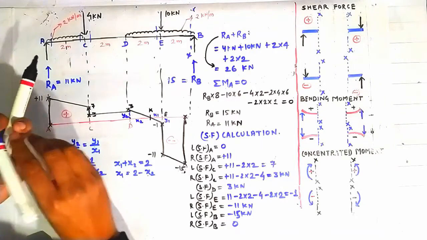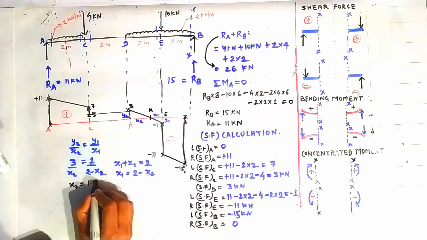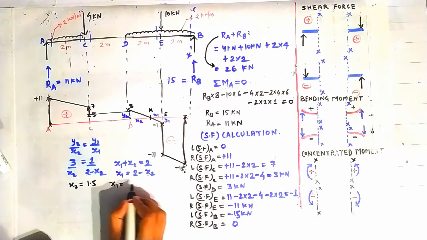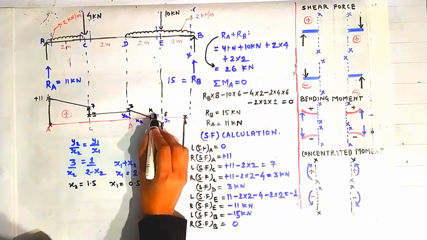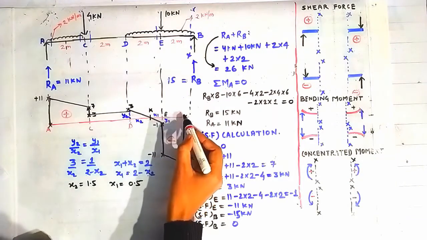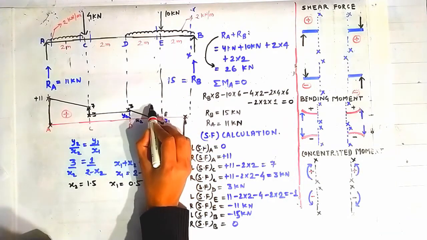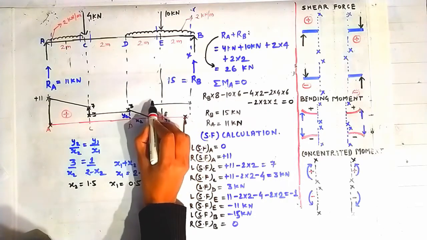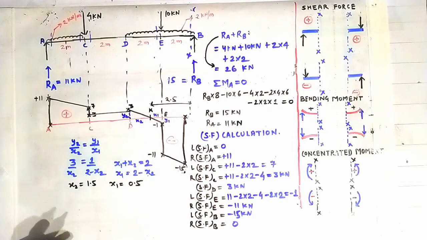When you solve this, you will get the value of x2 as 1.5 and the value of x1 as how much? 0.5. Okay, so this value x1 is 0.5. So the bending moment is becoming 0 at a distance of this 2 meter plus x1, that is 0.5, that is at a distance of 2.5 from the point B. Okay, the bending moment is becoming 0.